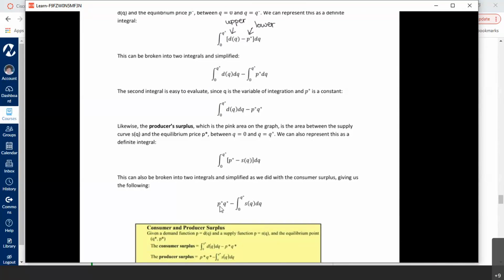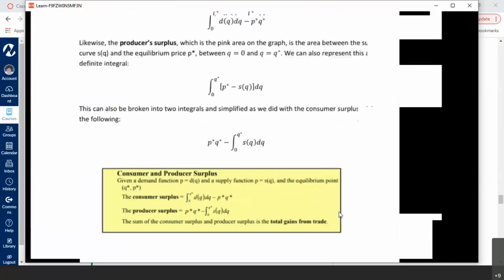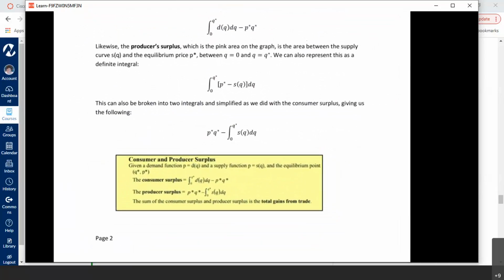Here you've got the P star, Q star out in front, and then you're subtracting the integration, the area under that supply curve. Here is the summary of it, based on what's in your text.